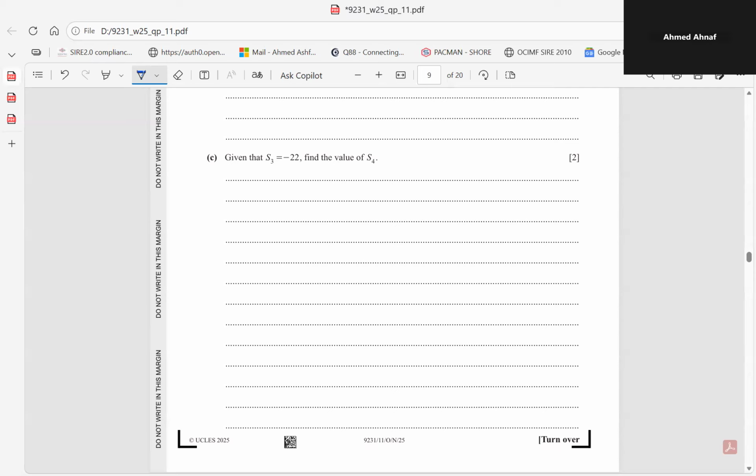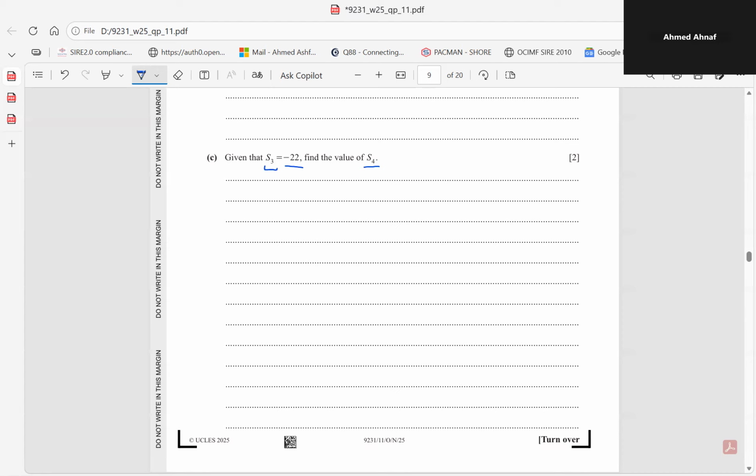Okay, so for the last part, we are told that S3 is negative 22, and using that, we need to find the value of S4. So for higher summations, like S3 and S4, instead of using the general formulas like we did in the previous part, you can just substitute them straight into the equation that the summations are related to.